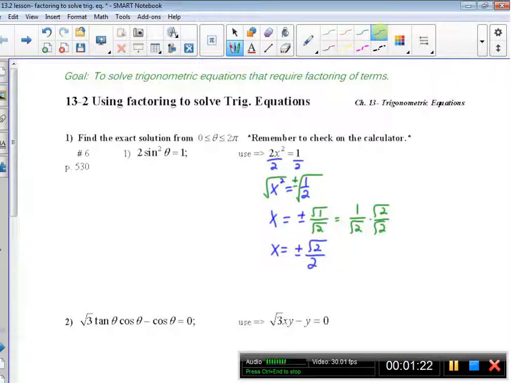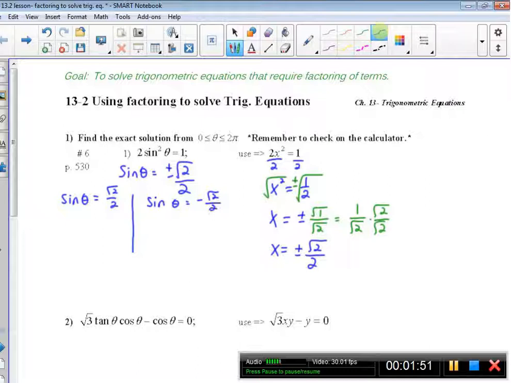The same thing would happen with the sine squared. You'd end up with sine theta equals plus or minus radical 2 over 2. So now we have to consider where sine theta equals radical 2 over 2 and where sine theta equals negative radical 2 over 2.